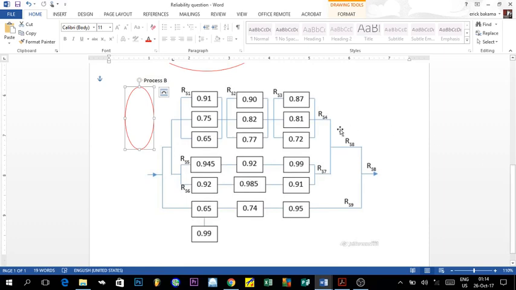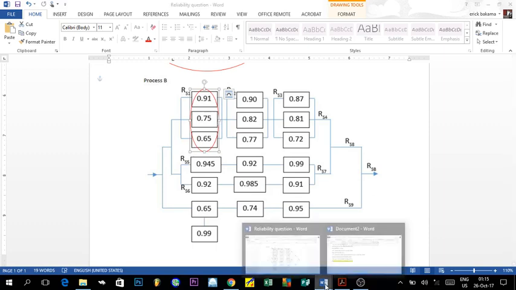Process B, we have RS1, which is this, and it's only 3 components, 0.91, 0.97, 0.65, all of them in parallel.